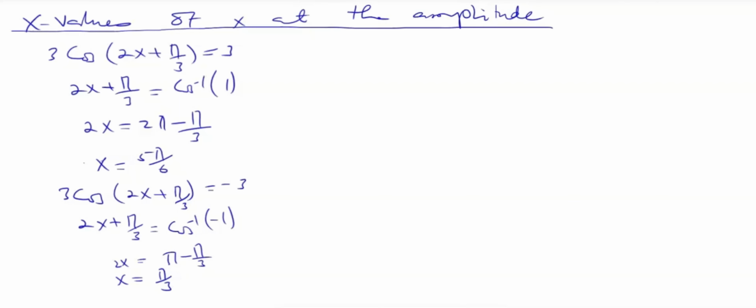So, because our given domain was 0 to 2 pi, well, 3 pi over 2, that means I add one more x value.